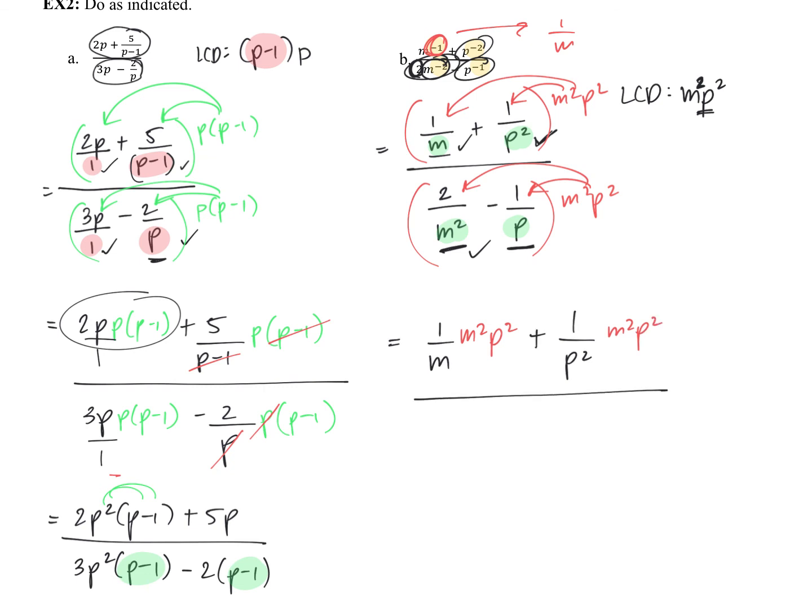All over, once again, this fraction is the one right here. 2 over m squared times m squared p squared minus 1 over p times m squared p squared.